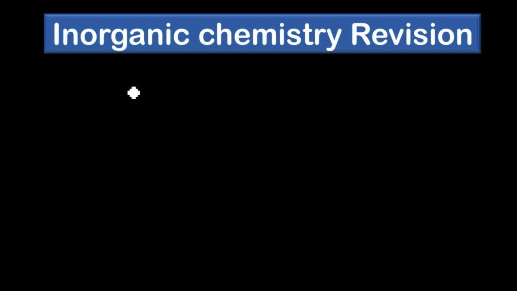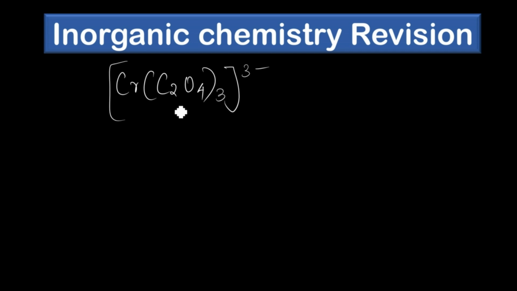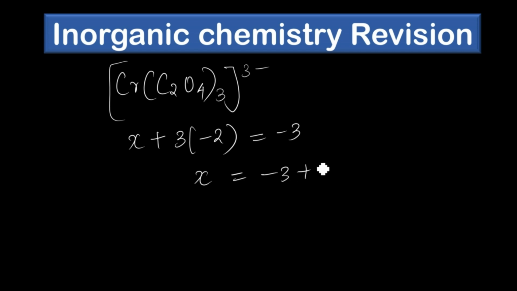What if I have bidentate ligands? What is this ligand? If anyone knows, put it in the comment. I told you already. Once again, X plus 3 times -1 for the bidentate ligand, so X becomes -3 plus 6, that is plus 3.